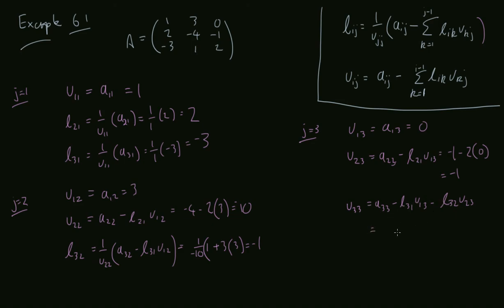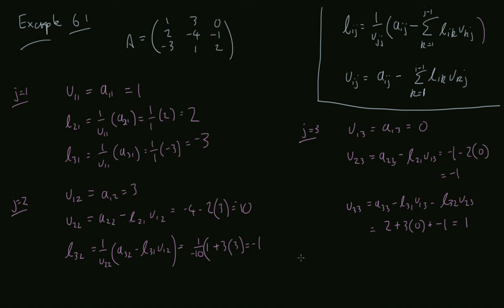Okay, so A33 was 2, L31 was minus 3, so I just change that to a plus, U13 is 0, minus L32, which is minus 1, so I change that to a plus, times U23, which is minus 1. So I've got 2 minus 1, which is 1.